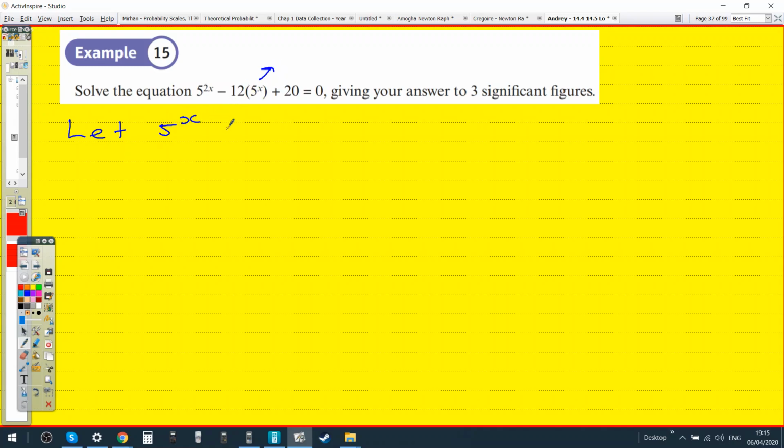Yeah. So let 5 to the x be equal to, let's call it a. So rewrite this, what would it be? So let 5 to the x equal a. Do I need to say something like 5 to the 2x is a squared or something?